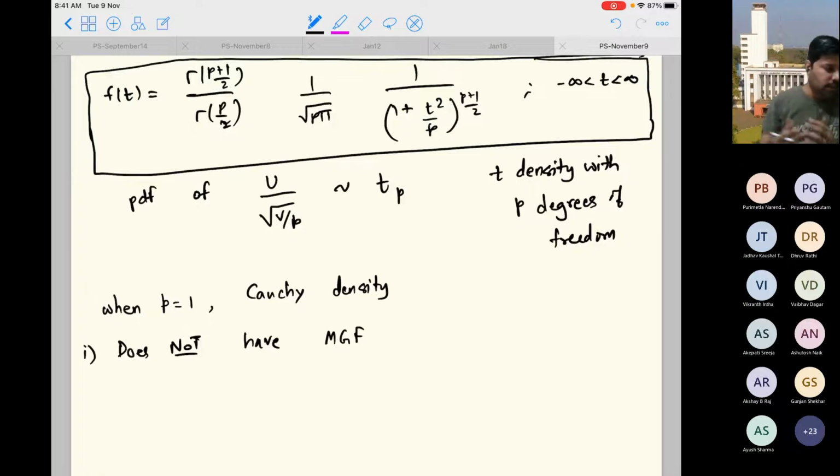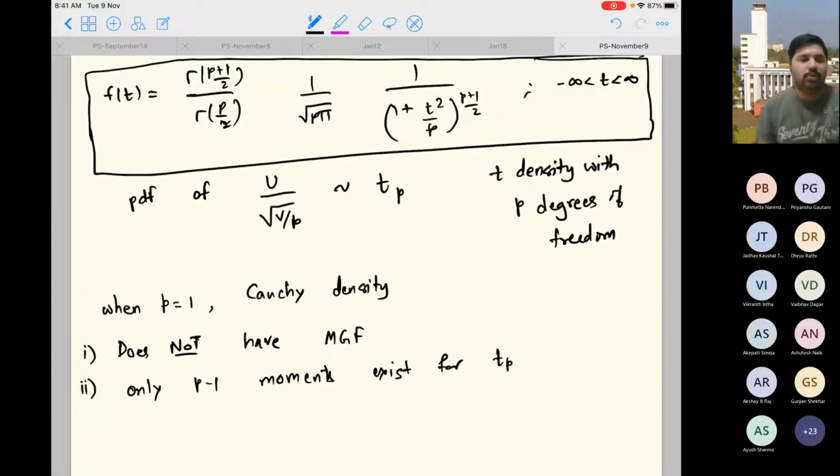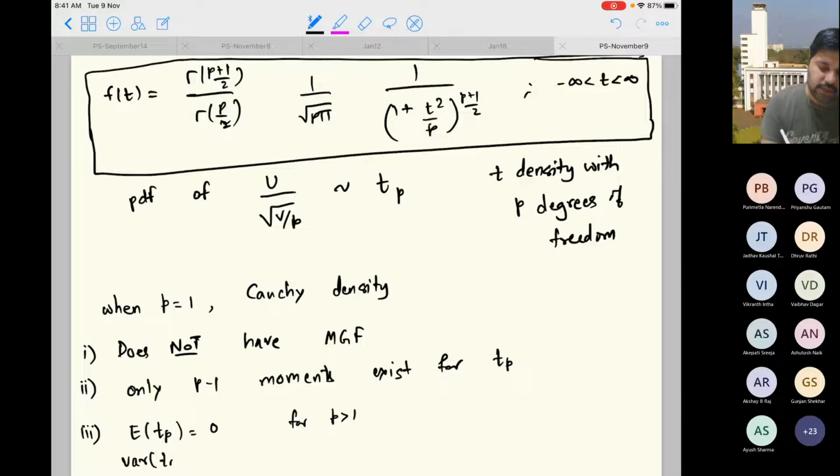The second important property is that only p minus 1 moments exist for T_p. If you have p degrees of freedom, then only p minus 1 moments exist. The third is that the expectation of T_p is 0 for p greater than 1, and the variance of T_p turns out to be p divided by (p minus 2) for p strictly greater than 2.